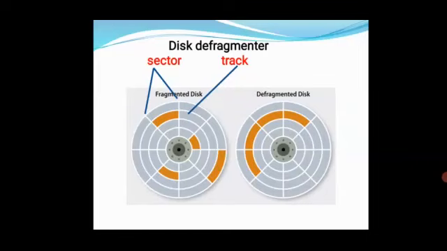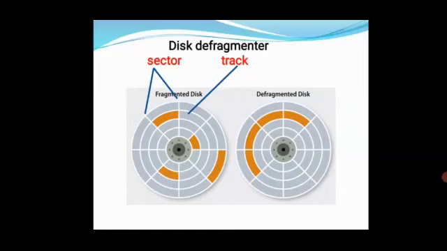First, you'll see the fragmented disk. Here the shaded areas are known as files. The same file is stored inside the disk in different parts. Before that, first we should know about tracks and sectors.